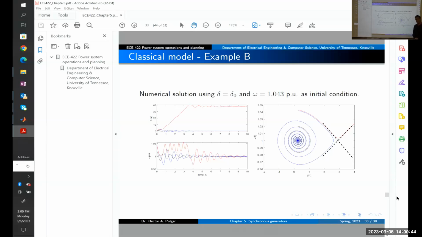It seemed that it got kind of stabilized, but look at the frequency, it's still oscillating. It's very strange. And now a question for you: is everything fine if we let the machine go from this angle to an angle that is about 40 radians?